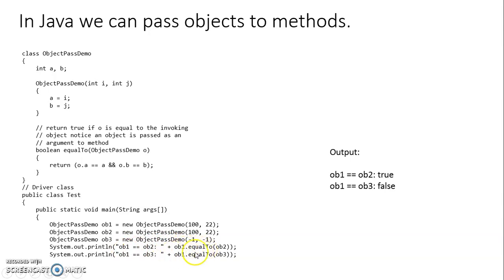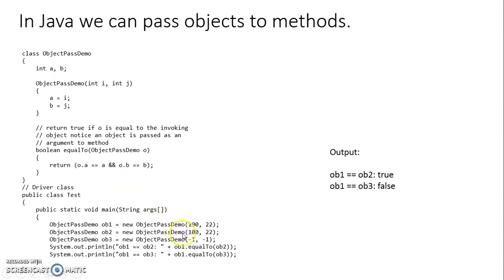So this is the case where I am passing the object in the function call, ob1 equalTo ob2. Now here ob2 is passed, so ob2's value is 122 in A and B. Yes, both the values are the same. So this function is going to compare both the values and it will return true if both are the same, as we are using the logical AND operator.